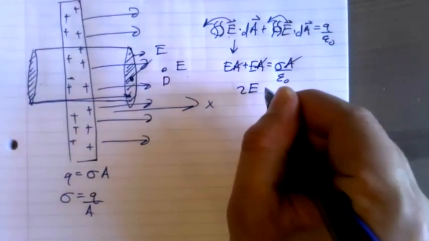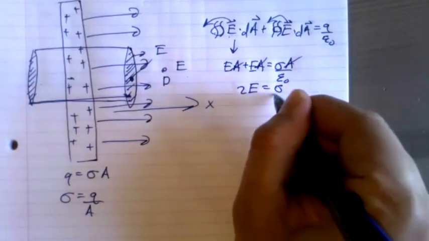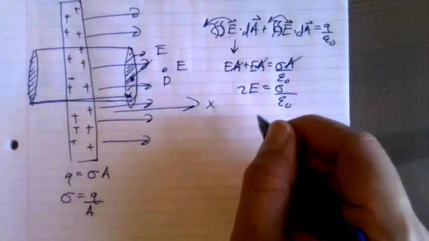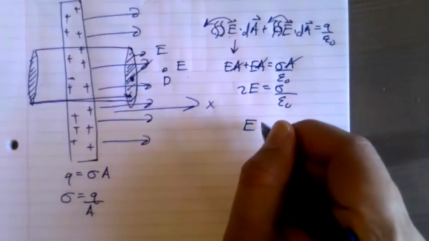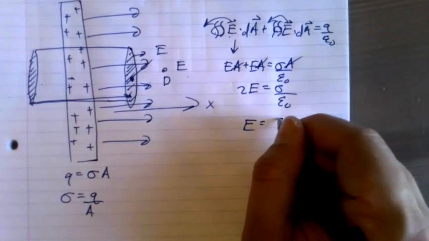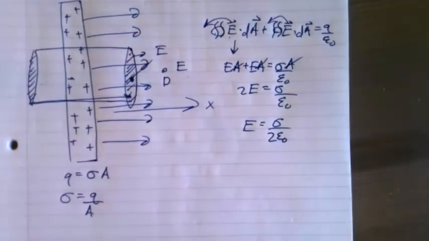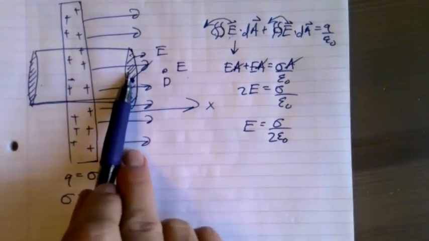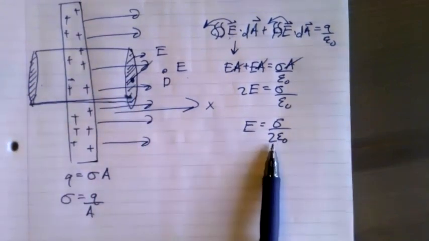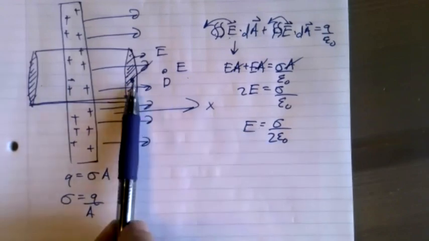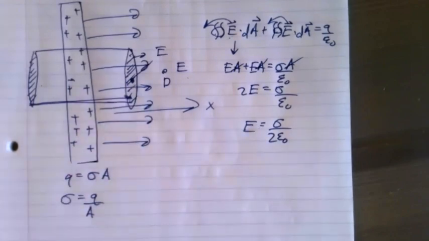So this will become 2 times E equals sigma over epsilon naught. So now my electric field will equal sigma divided by 2 times epsilon naught. That's because I had my two surfaces here, and this is my electric field at some point right there, so at the edge of my Gaussian surface.